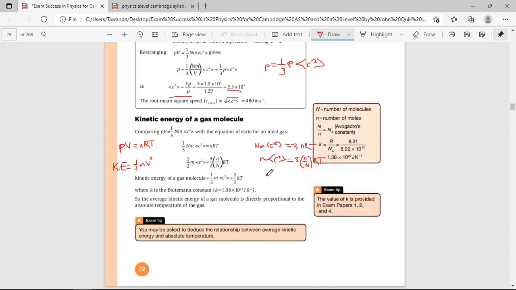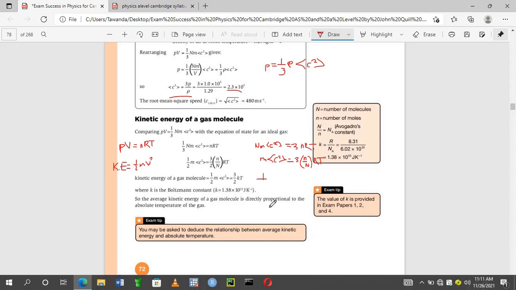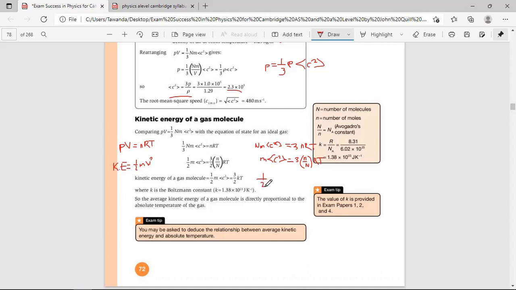If you multiply by half, it's half m times the mean square speed, that will be our kinetic energy of the gas molecule.